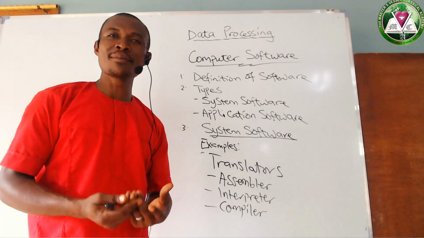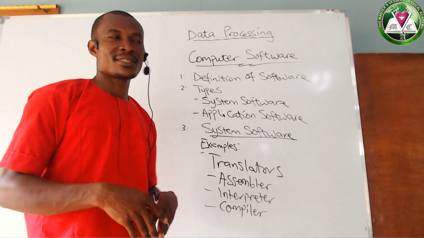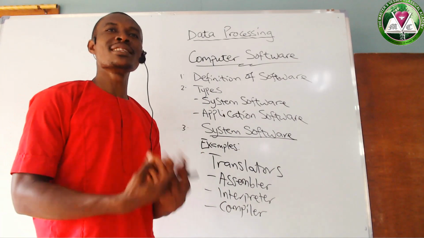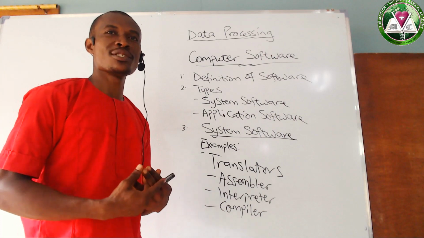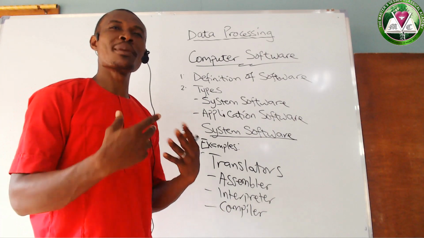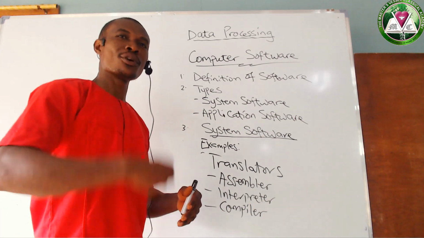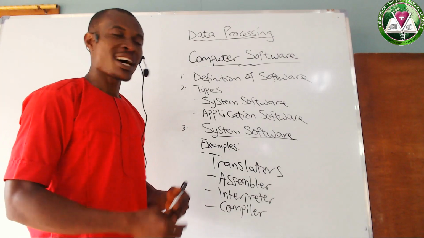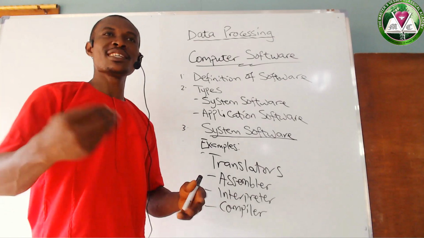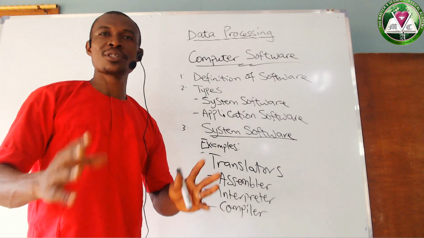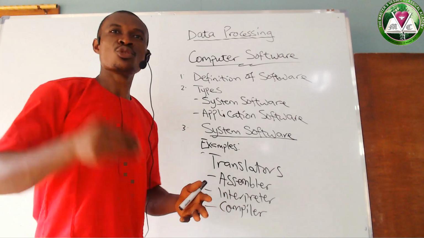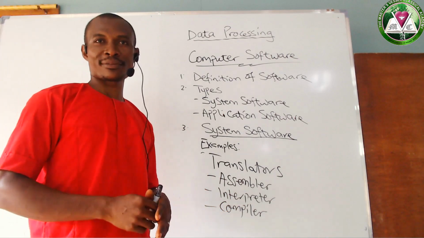Translators are programs that translate programs written in other programming languages to machine-readable language. That means they convert programs written in high-level language, programs written in assembly language, to machine language.